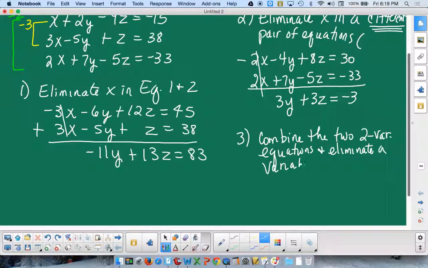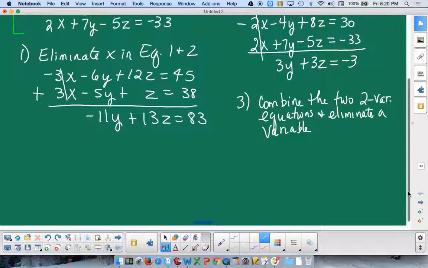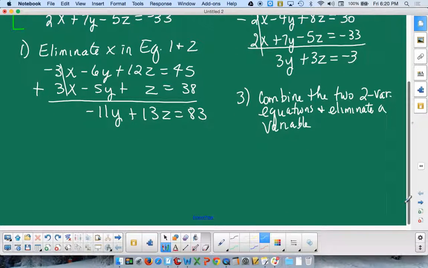So I'm actually going to rewrite these together here. I have negative 11y plus 13z equals 83. And I have 3y plus 3z equals negative 3.